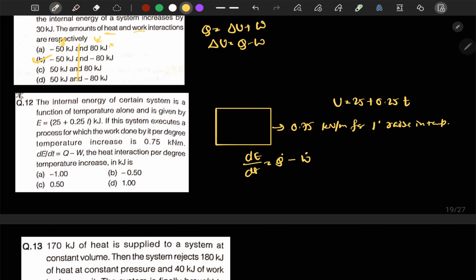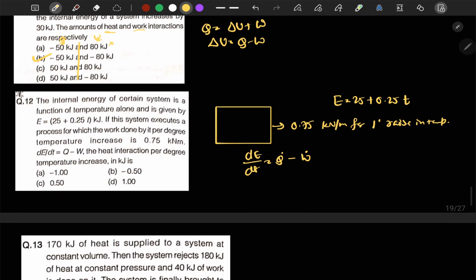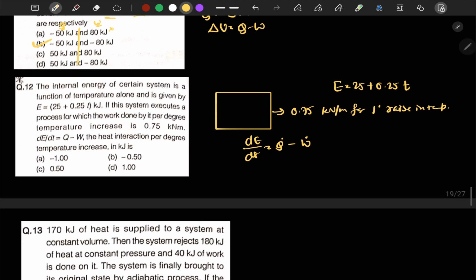This is from the first equation we have differentiated with respect to T. So dW by dT is given as 0.75, so we can write dU by dT as 0.25 is equal to Q dot, which we have to find, minus W dot, which we know as 0.75.